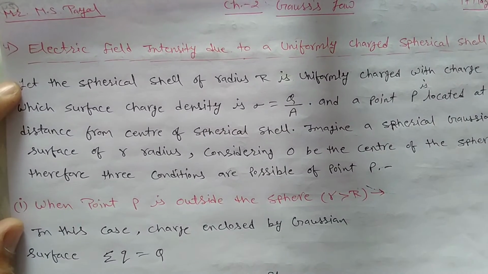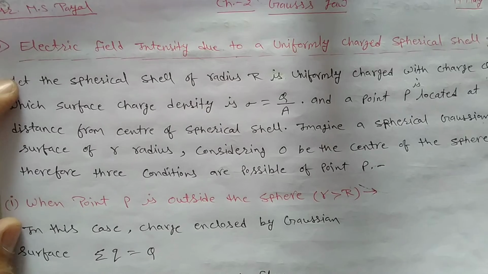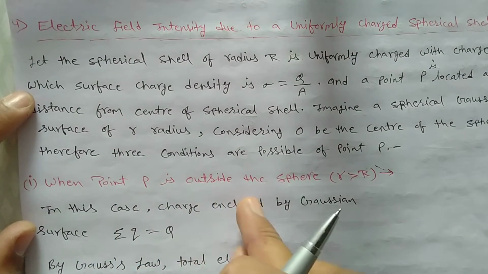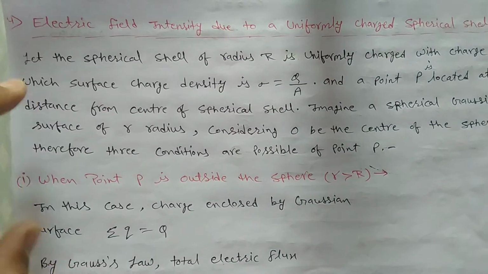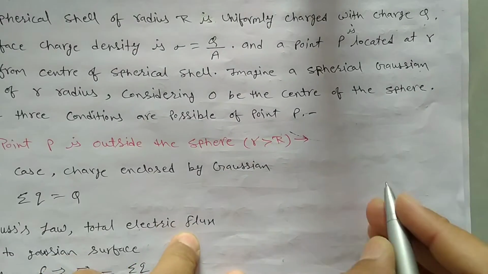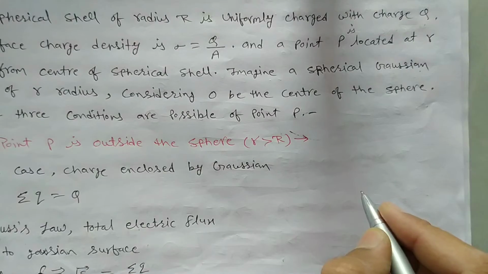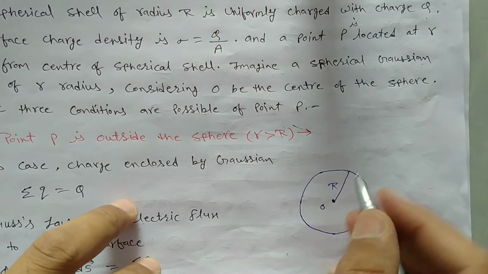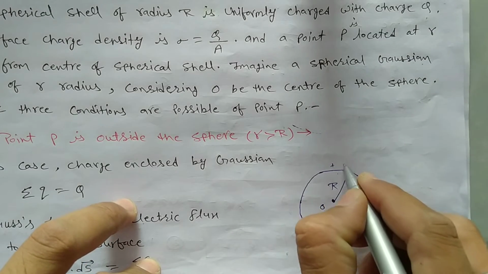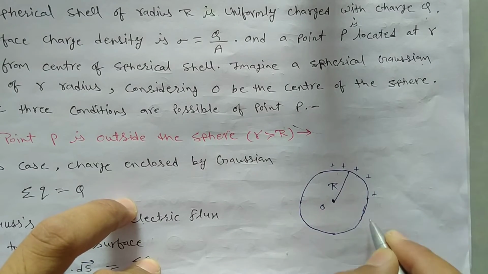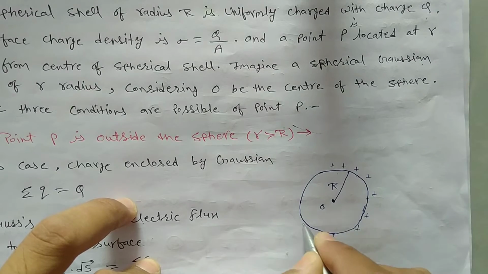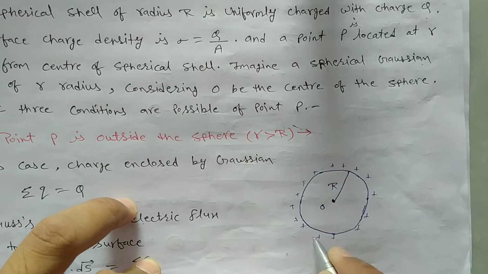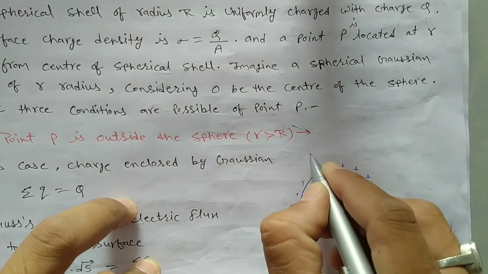Therefore, three conditions are possible for point P. First, when point P is outside the sphere. Suppose we have a sphere whose radius is capital R and this is charged by plus Q charge, uniformly charged like this, and surface charge density is sigma.